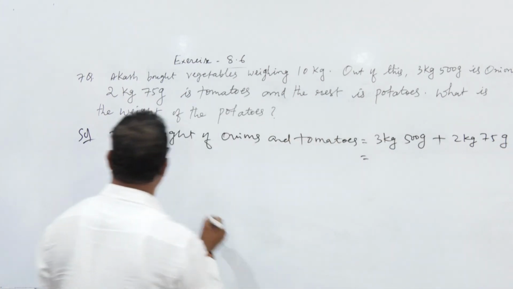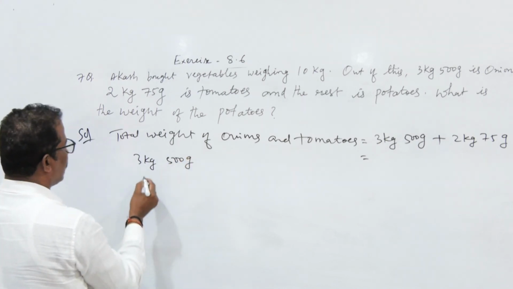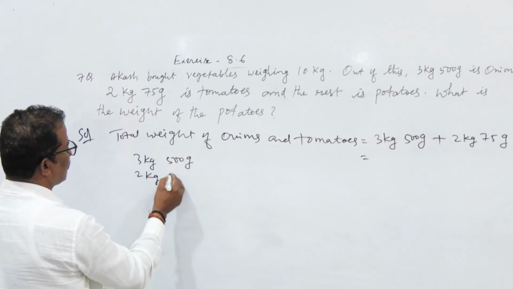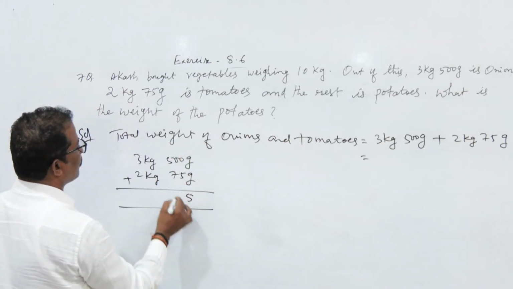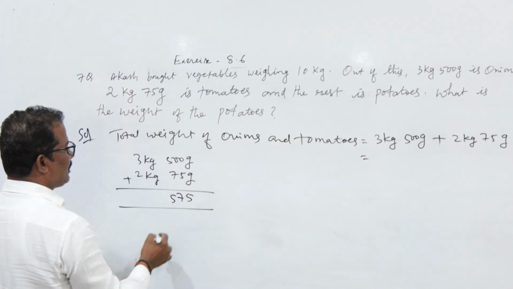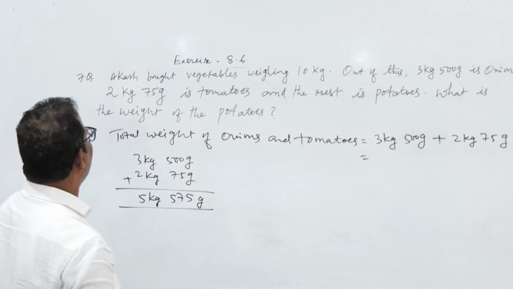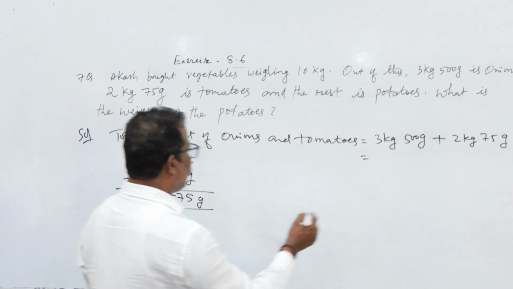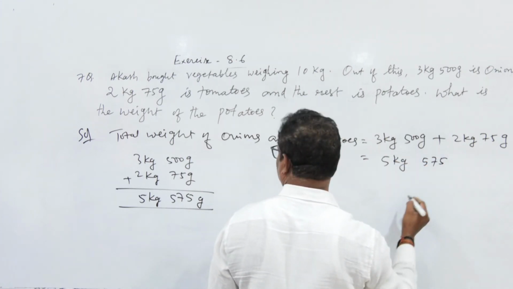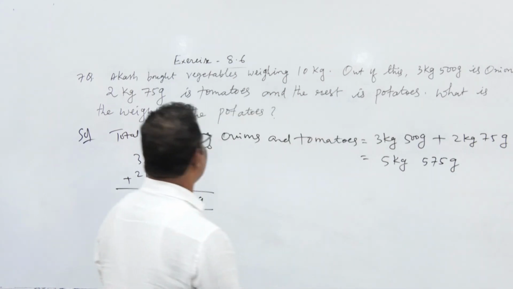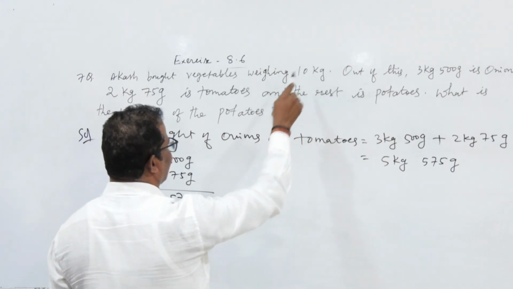So this is 3 kg 500 gram and 2 kg 75 gram. If we add these two weights, that is 5 and here 7, that is 575 gram and here 5 kg. So what is the total weight of onion and tomatoes? That will be 5 kg 575 grams. Understand? And this weight we have to subtract from this total weight, that is 10 kg.